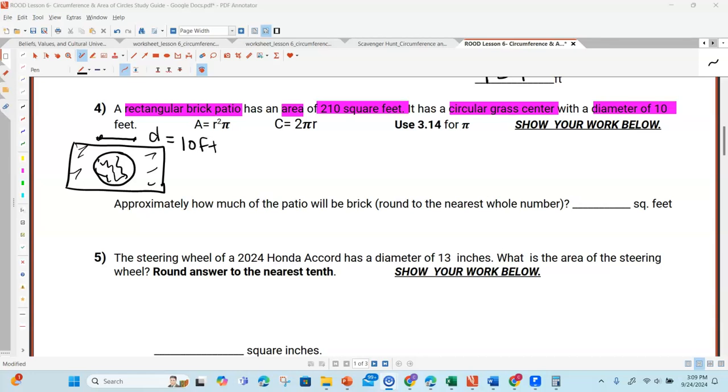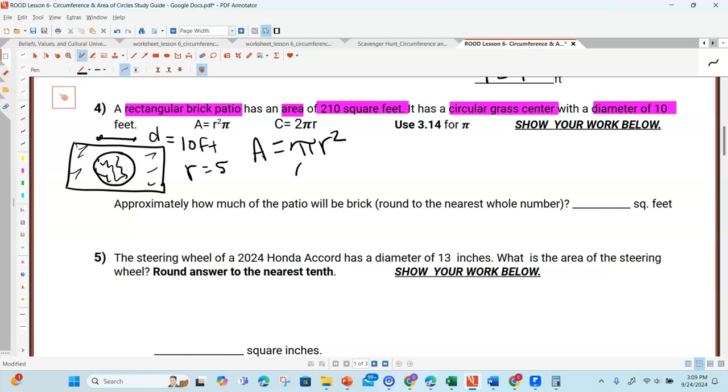Now we have to find the area of the grassy part that's not going to be bricked. The area formula we're working with is area equals pi r squared. We were given the diameter, so we need the radius. The radius is half of the diameter, so our radius is 5 feet.